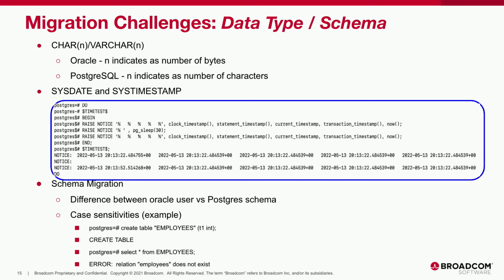So if you import that schema as it is into Postgres, and let's say you have created something called Employees, and your code is referring to something like select star from employees, in Oracle this is perfectly fine, because Oracle will say, okay, this is employees, I am going to return it. In Postgres, everything gets converted into lowercase. So you will get an error saying no relation exists.